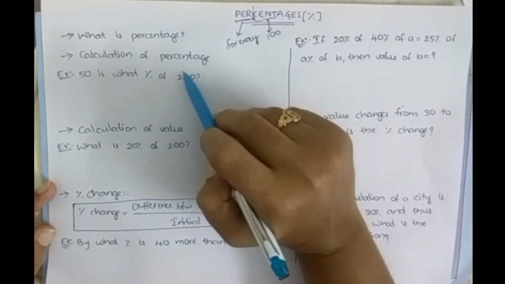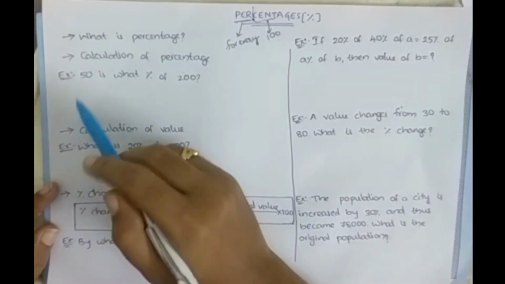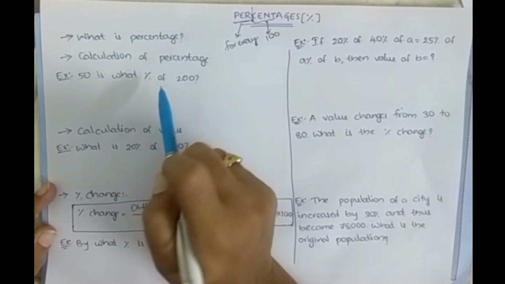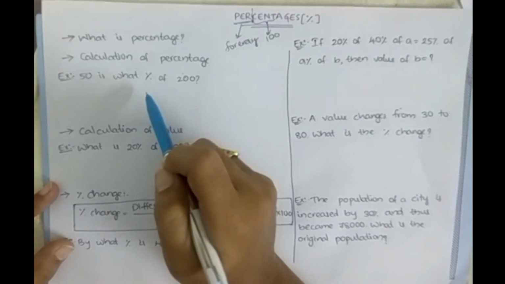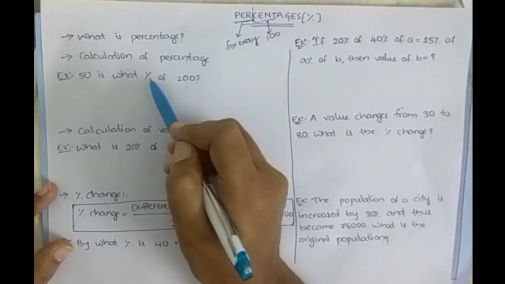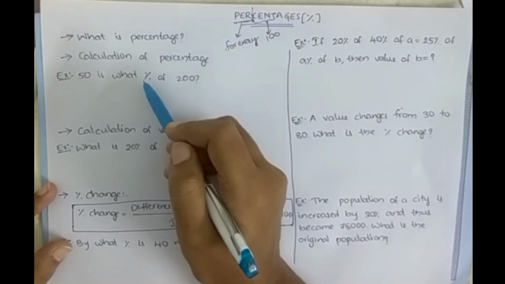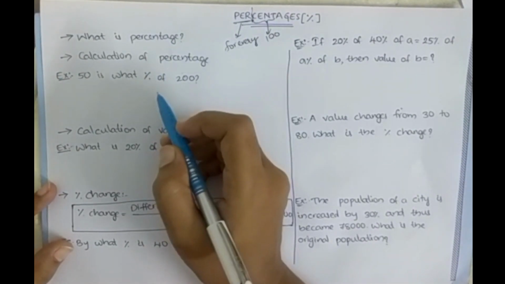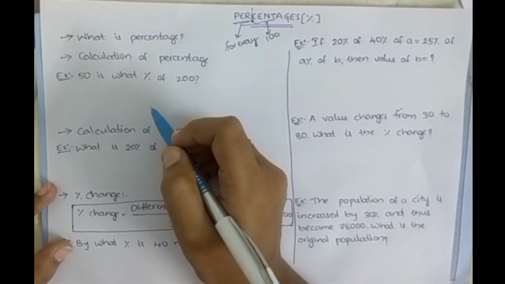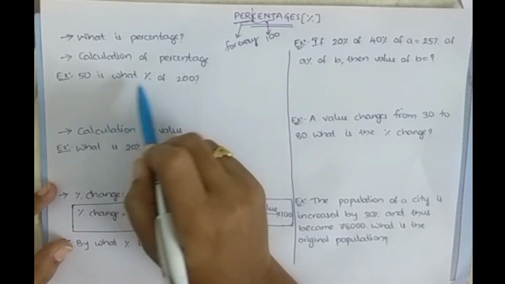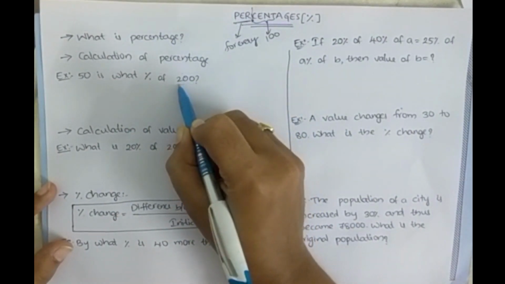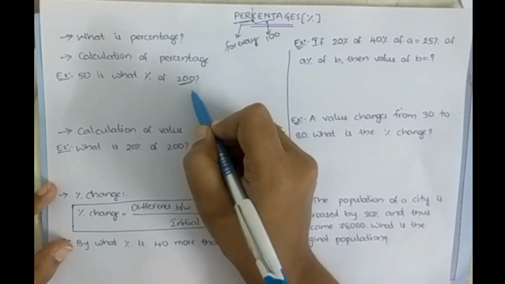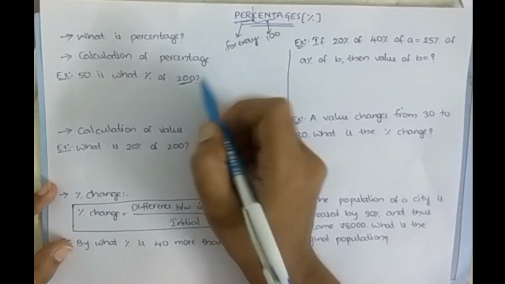Calculation of percentage: take an example, 50 is what percentage of 200. Let us calculate it. Don't go for formulas or any other things. It is given that 50 is what percentage of 200. In this case, you take the given value as 100 percentage.